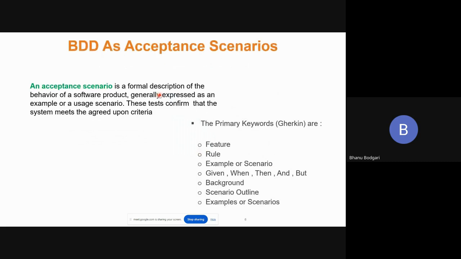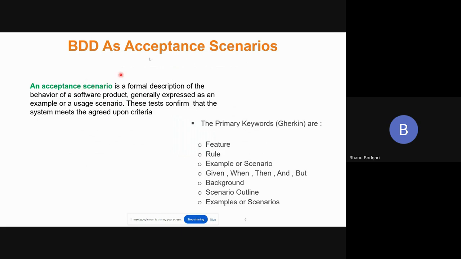And this is the primary slide for us, because this is where we understand how we actually go about the BDD documentation. So we have seen what BDD is, and how we get that shared understanding by getting everybody together onto the same page, having that conversation. So when we are having that conversation between all the stakeholders, we need to come up with the documentation for a user story.